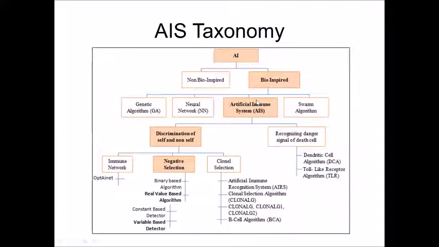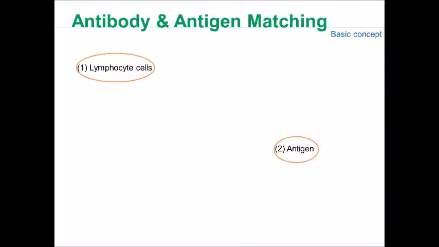Because of that, we can extract many mechanisms to help humans in problem solving. This is what has been explained just now. So now I will go to the algorithms available under immune system.